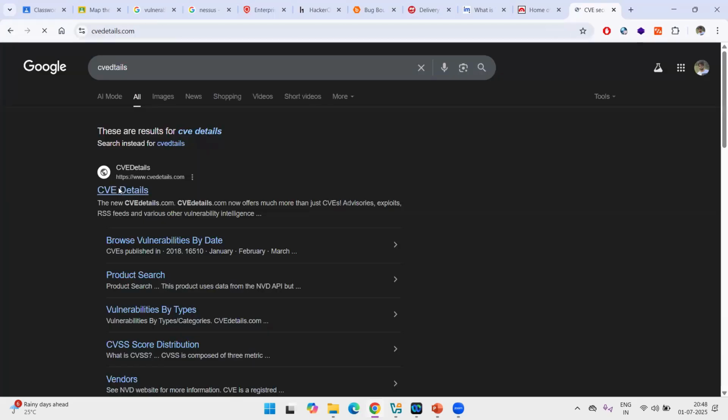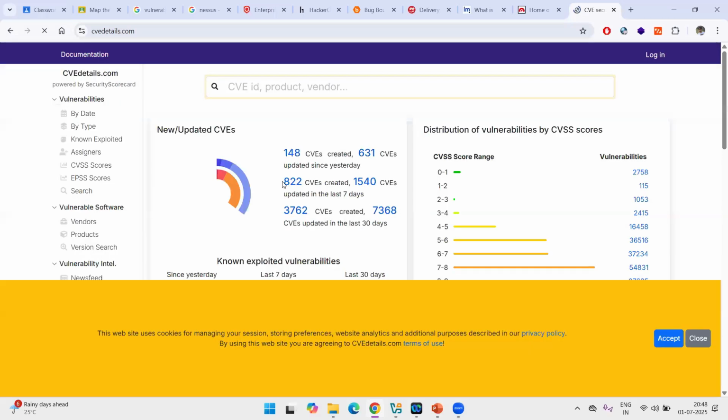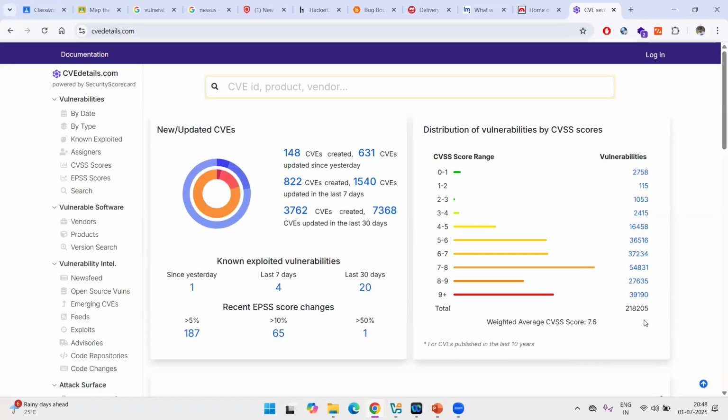You can go here, and here you go. See, this many vulnerabilities we have as of now. And here is the CVSS score related categorization. The highest one has more impact, and the risk associated with it.